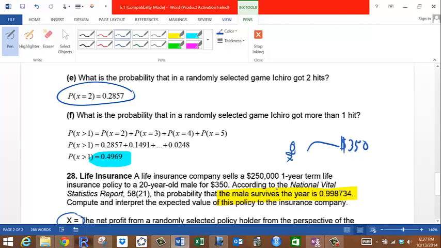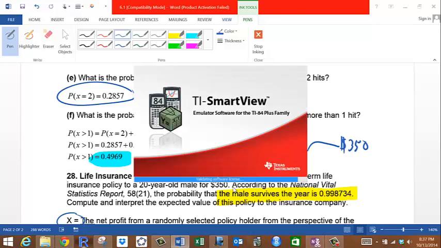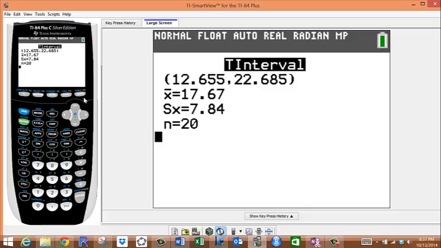Okay, all right. So now let me show you something here. I'm going to show you one last thing here, and I'm going to show you how to get the mean of a probability distribution for your homework, because I want you to be able to do that. And you'll like this. Let's just take that one, number 10, that we looked at before.